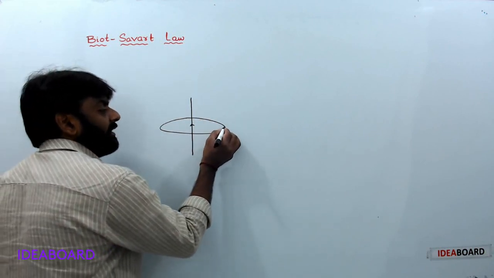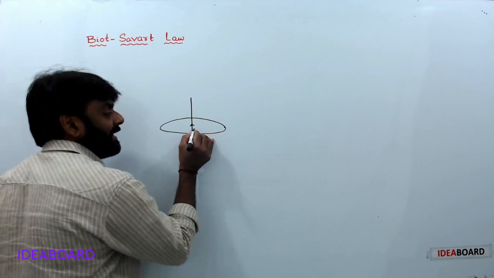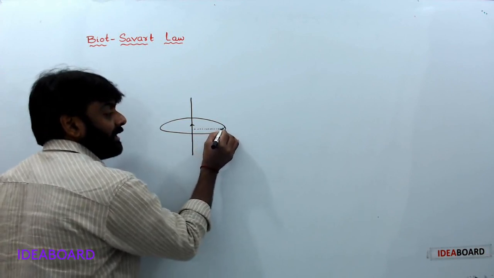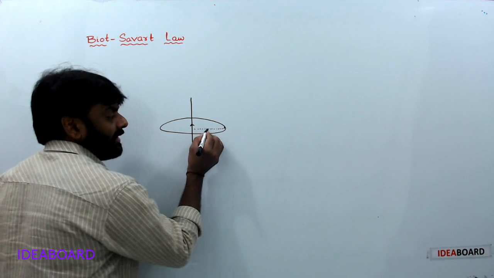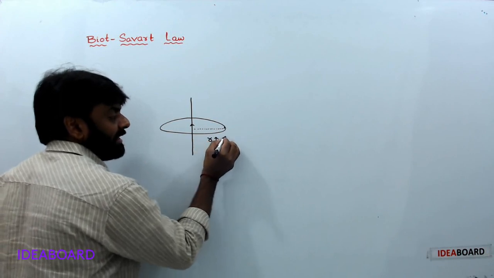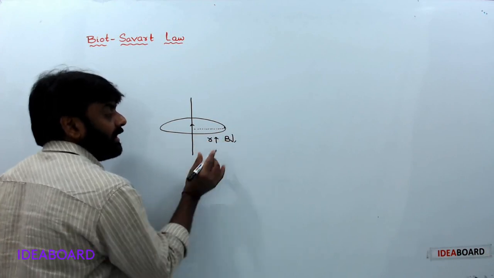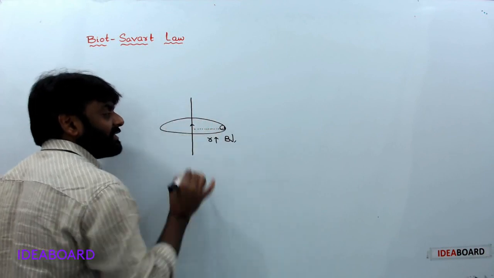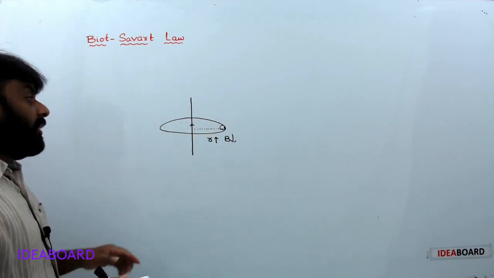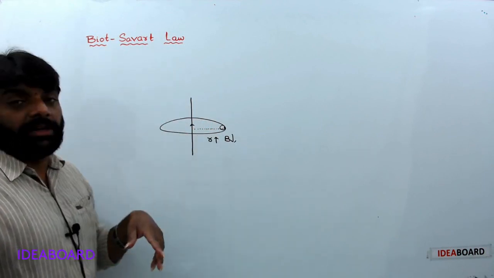This field has a certain intensity, and that intensity gradually decreases. If the distance increases, the field intensity also decreases.